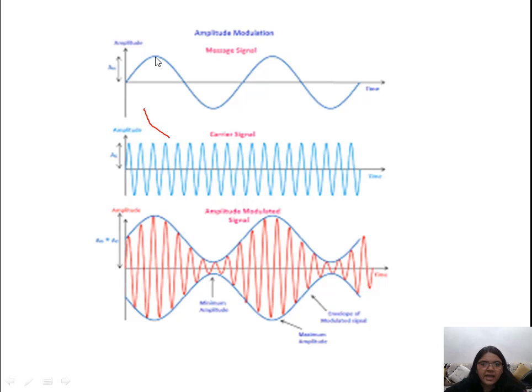Again over here is the maximum amplitude of the message signal, so the maximum amplitude of the carrier signal is changing. According to the message signal, the carrier signal amplitude is changing. The carrier signal frequency will remain constant. Here you can see my plus Vc and minus Vc amplitude.